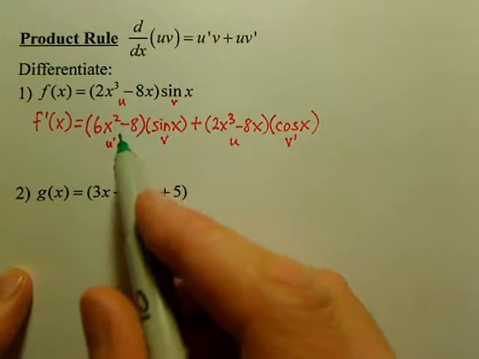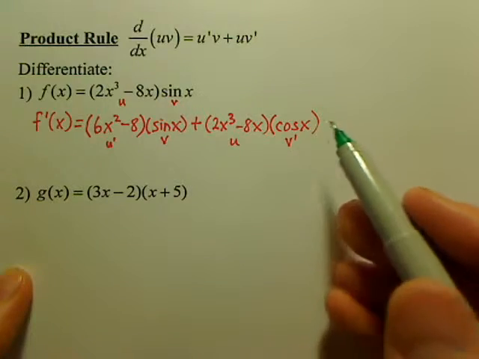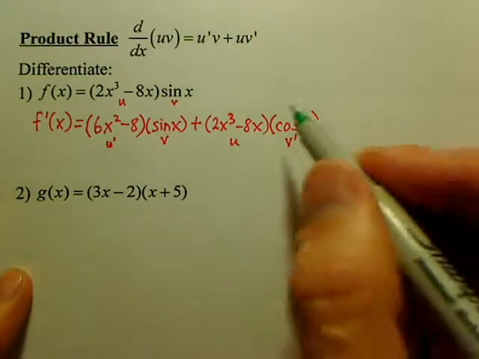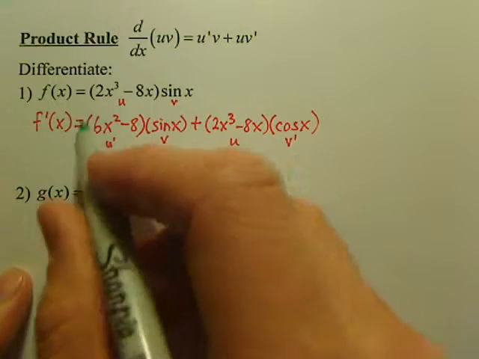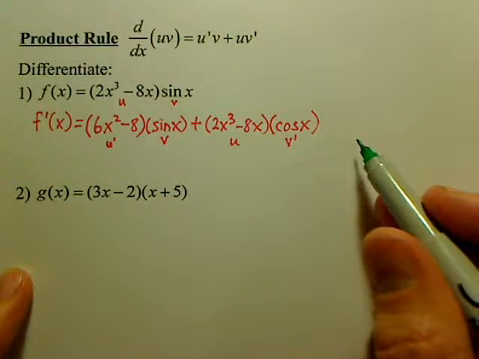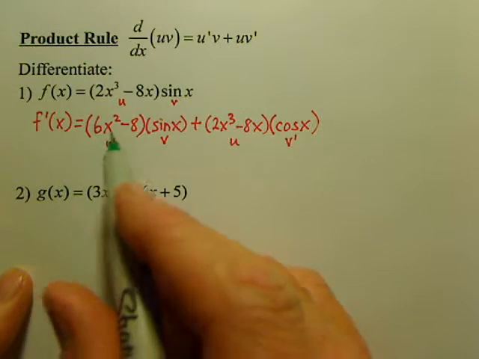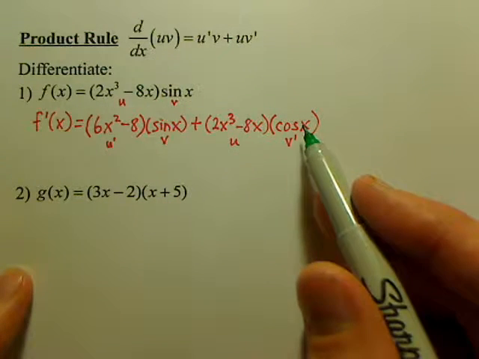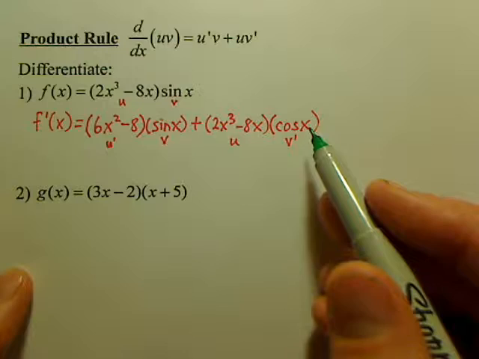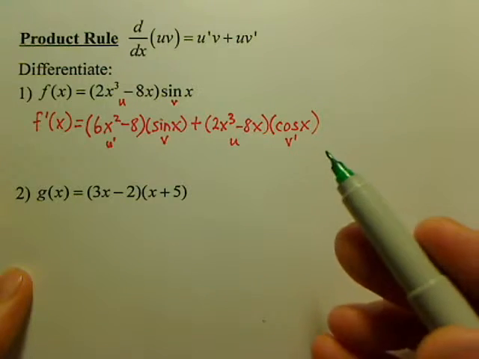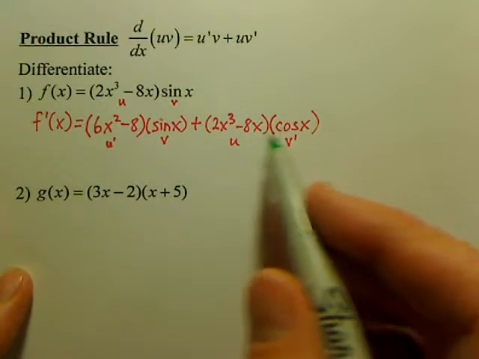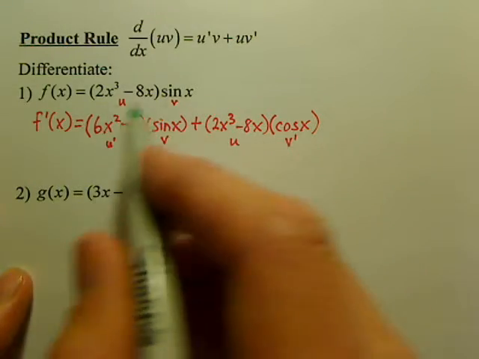Now, we could try to simplify this, but technically this is basically the answer. I could distribute all this and write it all out really long, but you really don't have to do that. This right here is the derivative in this situation. There are times, and very often, that once you take this, you want to distribute everything and then combine like terms.